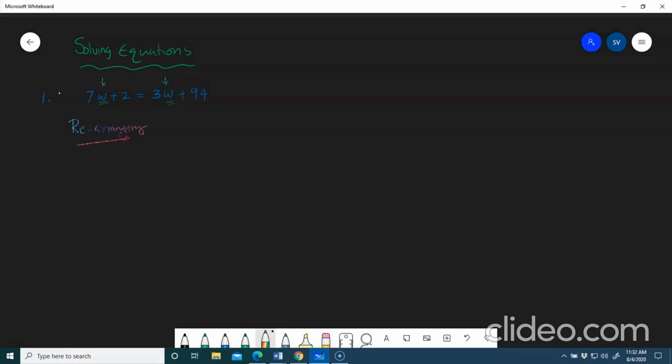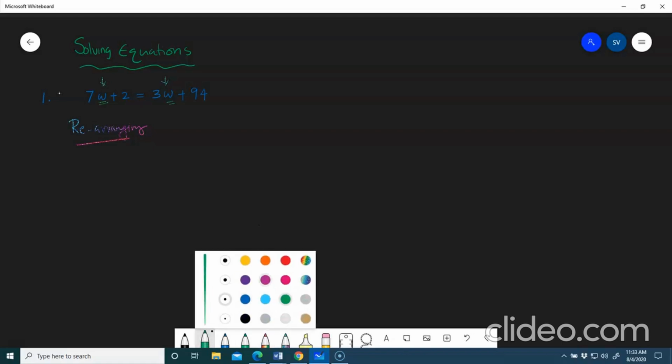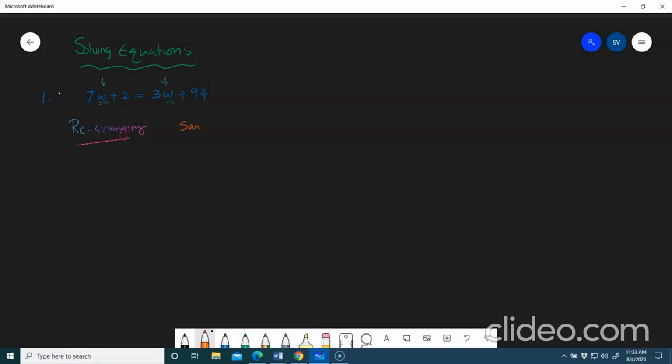When you are rearranging an equation or a statement, try to keep the same items together. That is the very important idea you need to keep in mind.